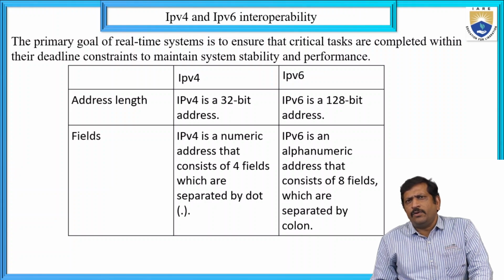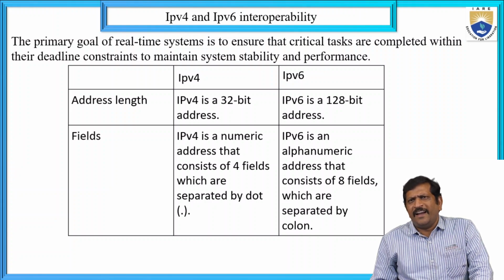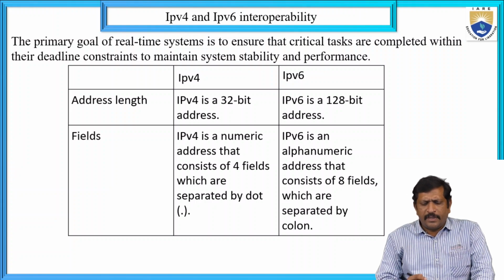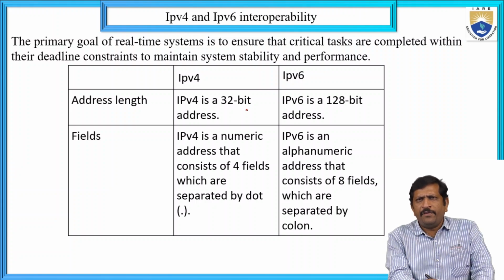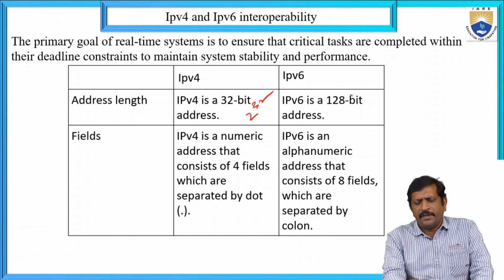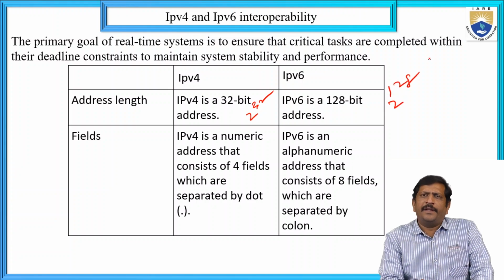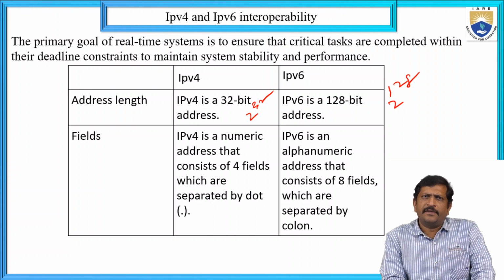IPv4 is a 32-bit address, and IPv6 is a 128-bit address. So in IPv4 we are utilizing 2 to the power of 32 IP addresses. In IPv6 we are utilizing 2 to the power of 128 IP addresses.